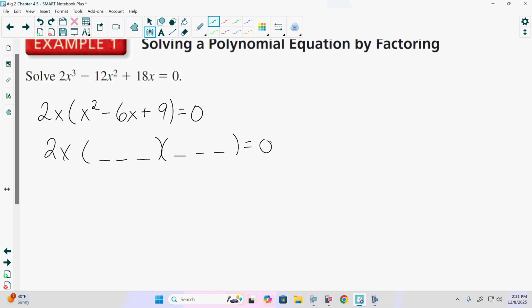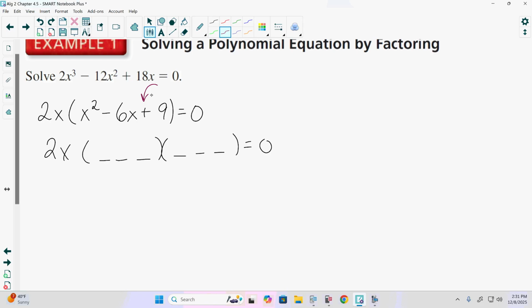Now, from the original problem, 2x cubed minus 12x squared plus 18x, we did not have a way to factor it as that whole. But by factoring out that greatest common factor 2x, it now gives us something that we can actually factor. So now we can do our two sets of parentheses with three spaces and then look for the sign.